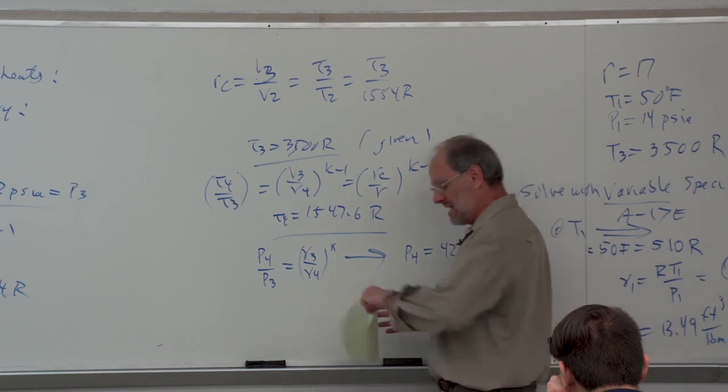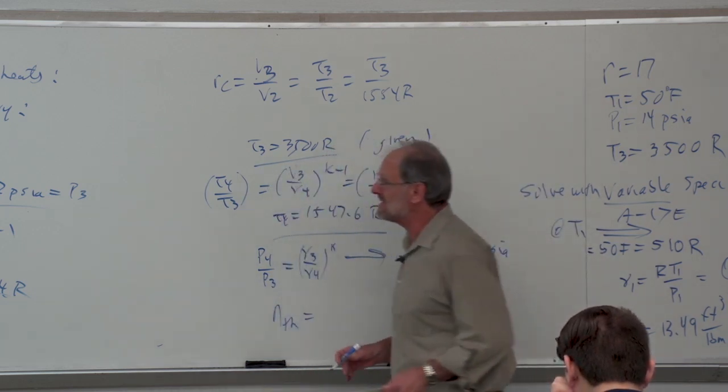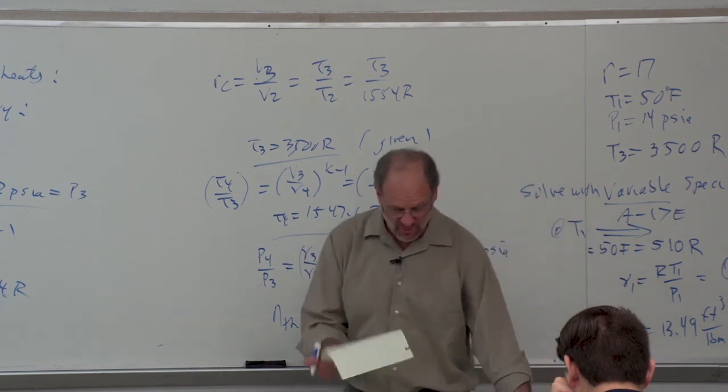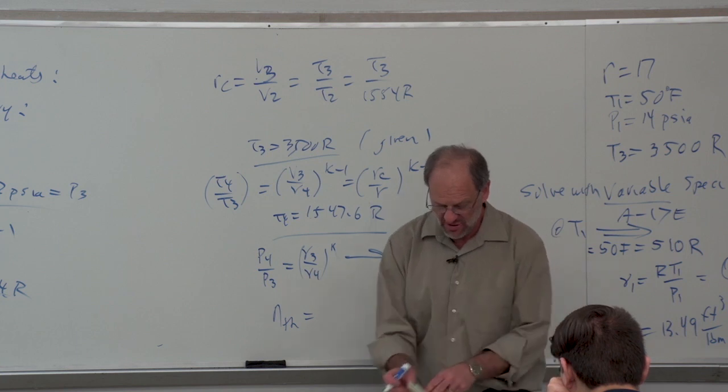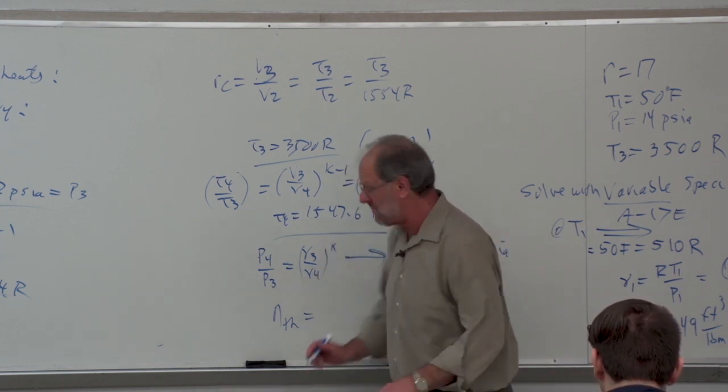And then lastly, we can find the thermodynamic efficiency. Since we're dealing with constant specific heats, we're just going to use that one relatively straightforward version of the equation, the one that has compression ratio and cutoff ratio.